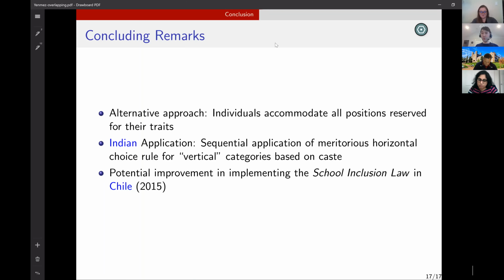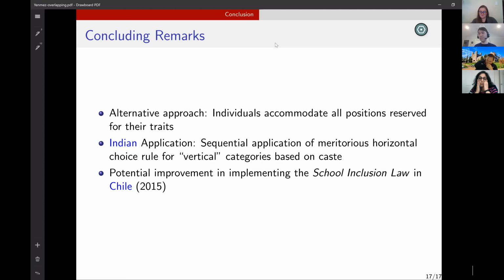As I told you earlier, we've actually incorporated this paper into another project where we studied Indian affirmative action policies. This choice rule is equipped extremely well to accommodate the so-called horizontal reservations in the Indian context. In India, there are horizontal reservations for women, for disabled individuals, for veterans, and it is used throughout India.